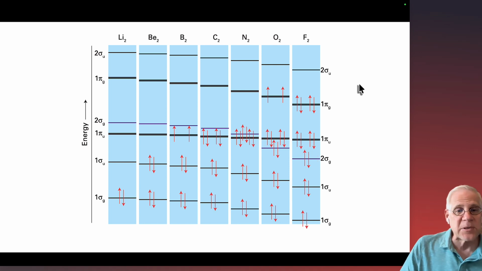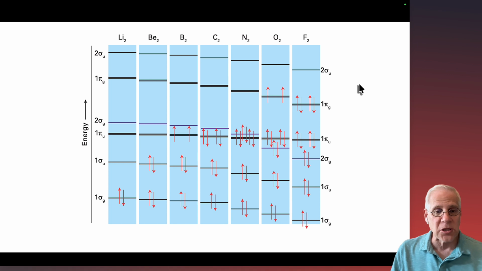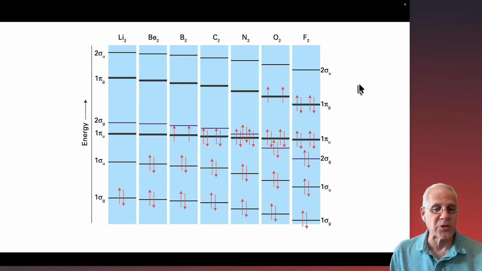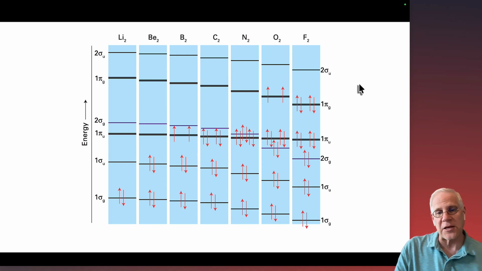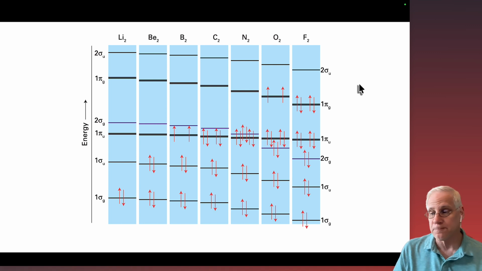And the reason for that is because you have a greater charge in the nuclear core as you increase the number of protons. And so those electrons start getting attracted more. Remember, attractive interactions lower energy, so that as we go across the periodic table, our atomic orbital energies start going down, and if they go down, our molecular orbital energies will also go down.